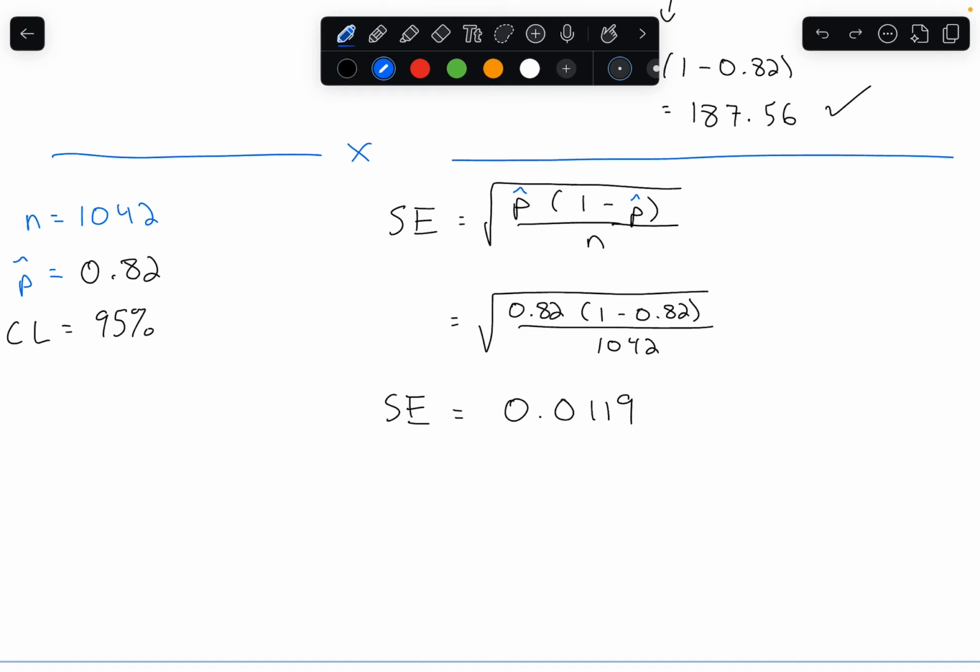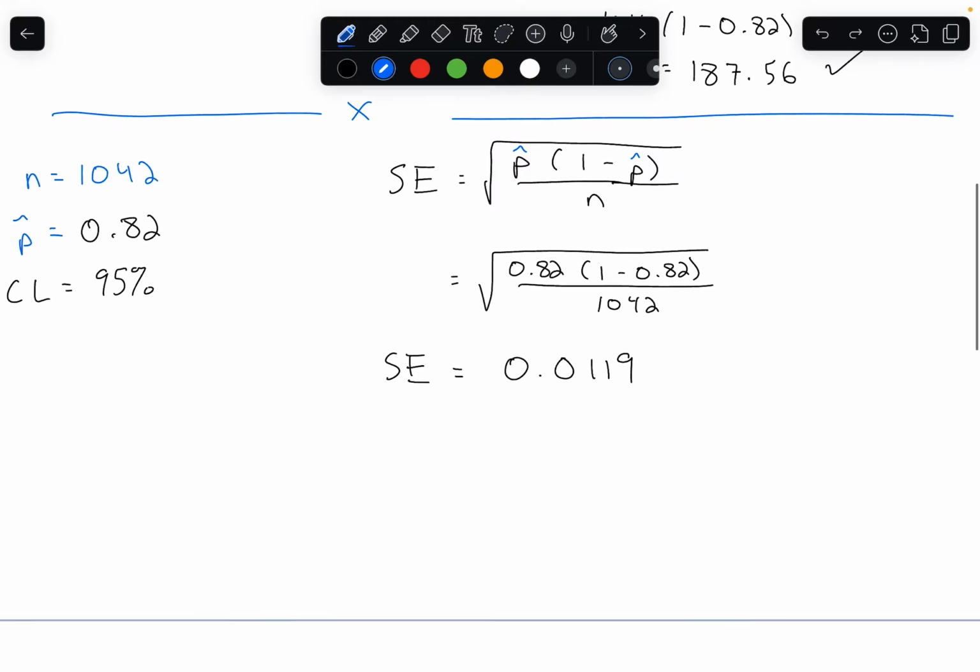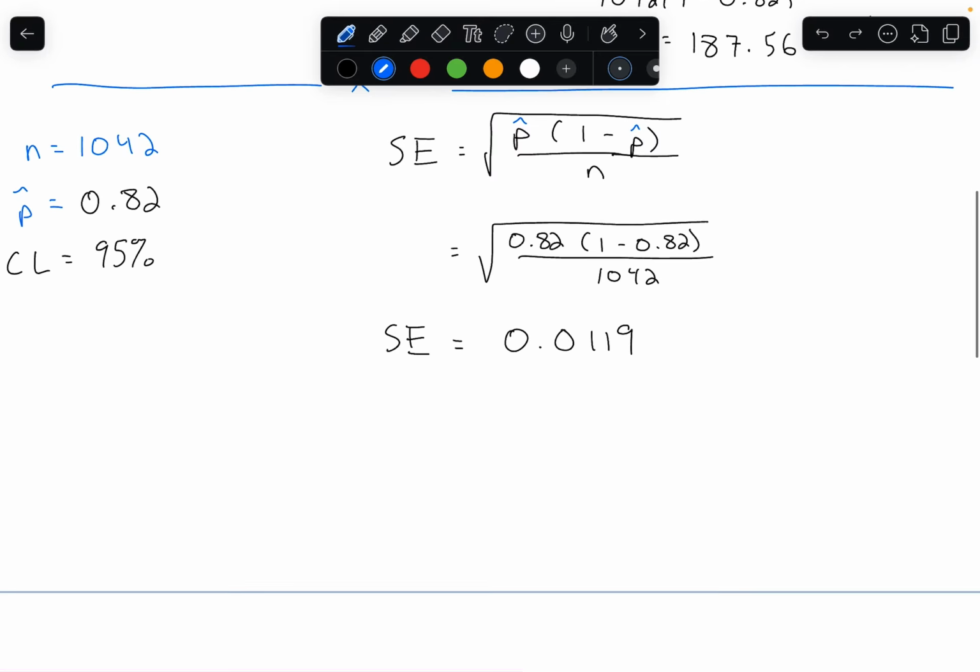Very cool. Once I have my standard error, I'm going to use that number to help me find my margin of error. My margin of error is the standard error, which we just found, times my z star. Now remember, this is our critical z-score. We talked about that a couple of pages ago. Your z star really depends on the confidence level, and you can consult your critical z-score table.